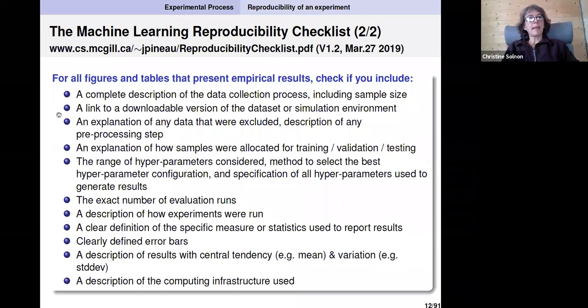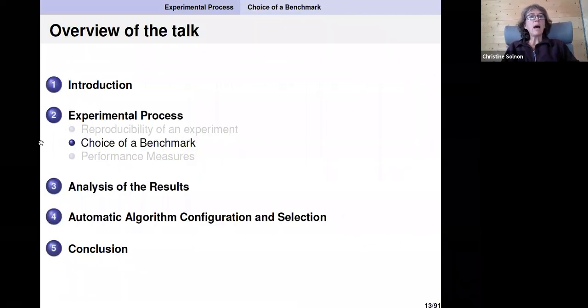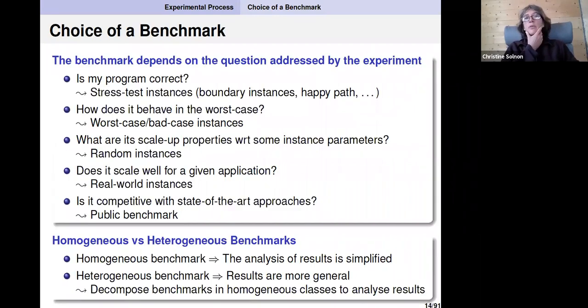Okay, now a point on how to choose benchmark instances. The benchmark you use clearly depends on the question addressed by the experiment, and that's why it is very important to first identify the question you want to address. For example, if your question is whether your program is correct, then you consider stress test instances. If you're interested in worst case performance analysis, then you identify the worst case instances.